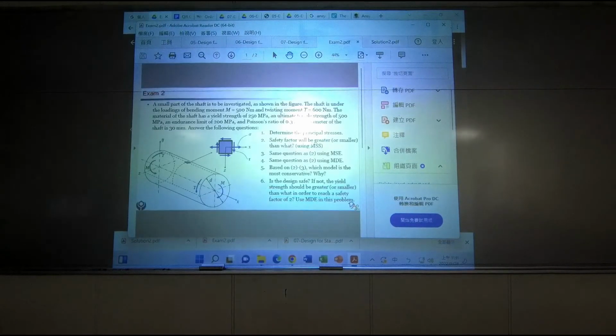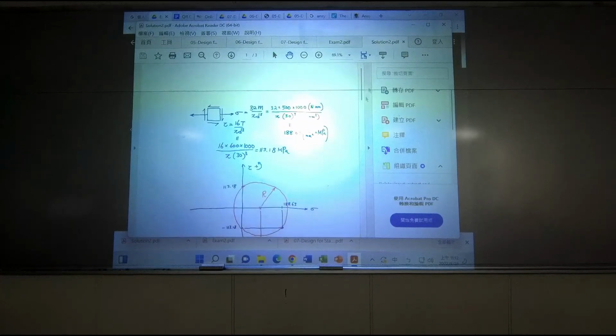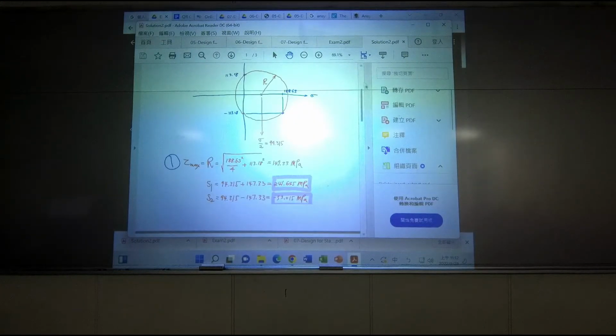The next question was, will the safety factor be greater or smaller? What do I mean? I want you to calculate the safety factor, but is it greater than a value or smaller than a value? And what's the value? So how do you do it?